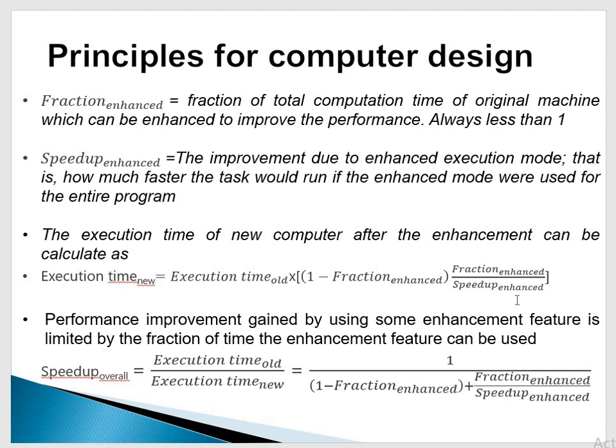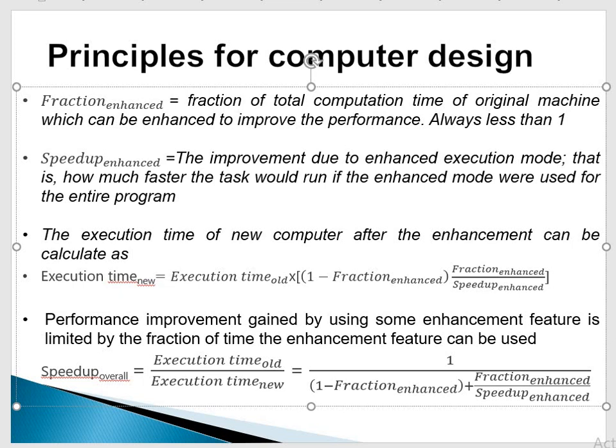What amount of fraction we are going to enhance, this new time will depend upon that factor as well. Okay, so once we enhance a portion of the machine, we know what is the speed up of that enhanced portion, what is the new execution time.